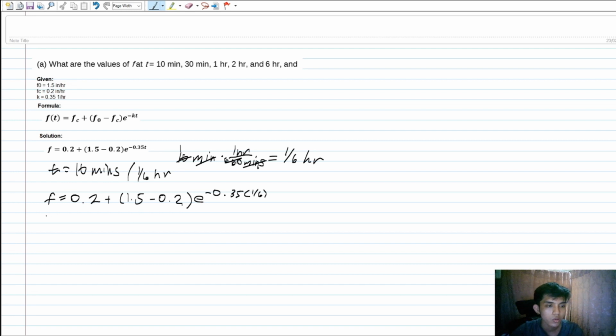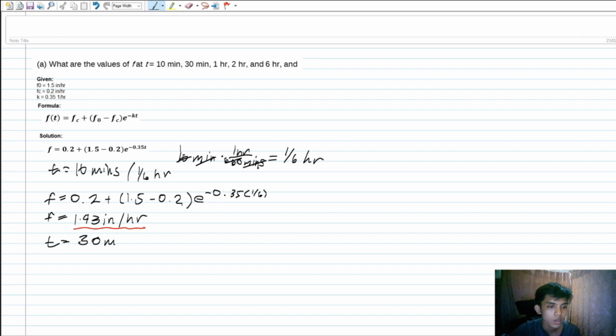When we input this to our calculators, we have 1.43 inch per hour. So that's the value of our f when t is equal to 10 minutes or 1 over 6 hours.